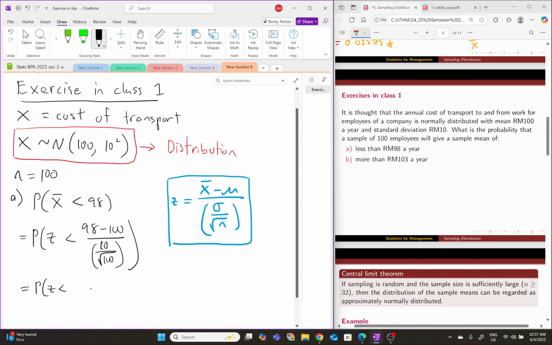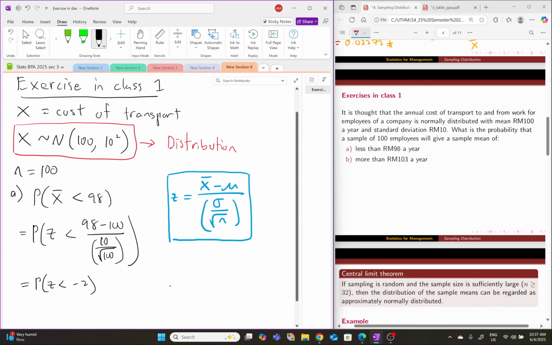If you do this, you will get negative 2. Just give some time. You want to copy or you want to see these things, go ahead first before I proceed.